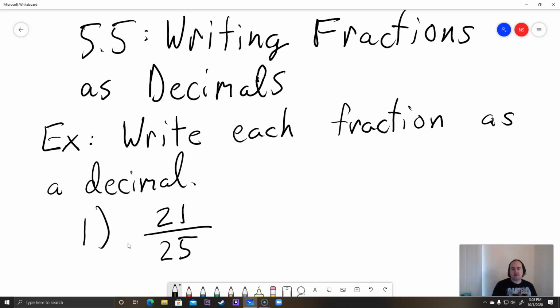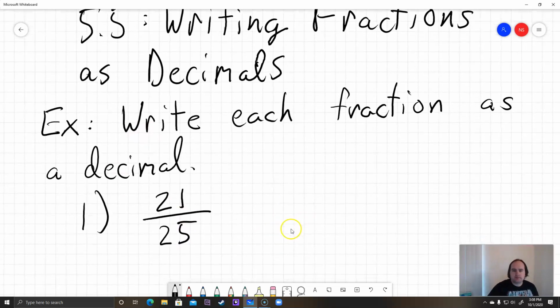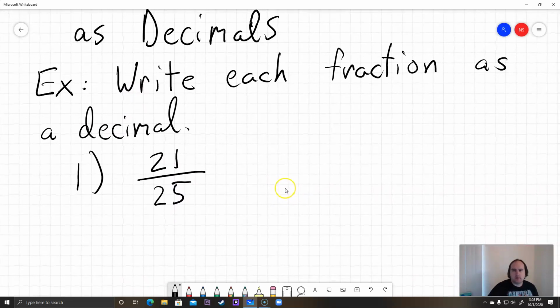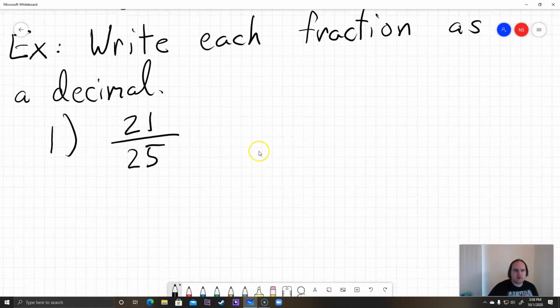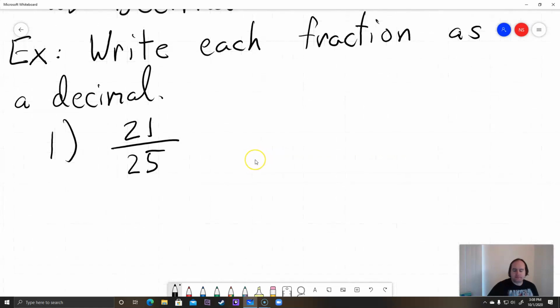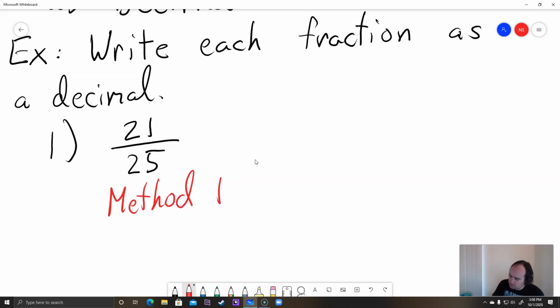So the basic idea here is if you want to do these quickly, you want to use a calculator. But I am going to show you the old-fashioned way just on the first problem. Okay, so slow way. Method one. This way is slower.